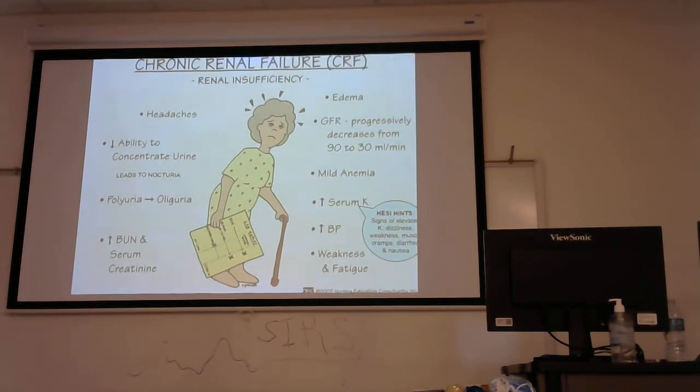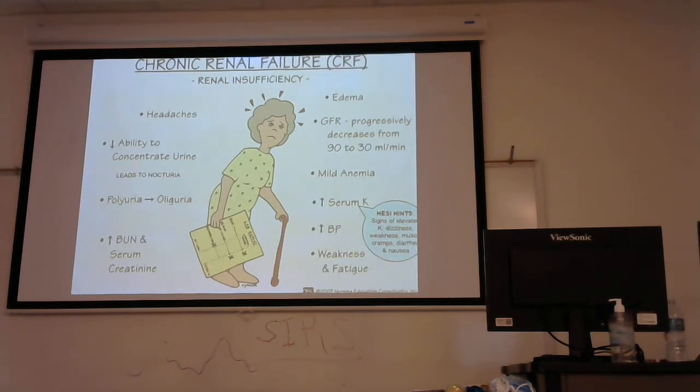They may start out going a lot and having nocturia where they have to get up at night, but then their urine output drops. BUN and serum creatinines are going up, mostly creatinines. They start noticing their feet swelling or having some edema in their legs, periorbital edema around their eyes, their GFRs progressively going down.